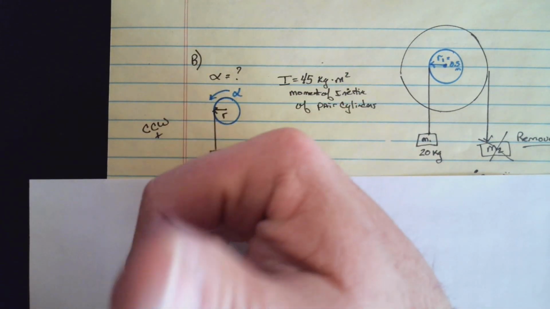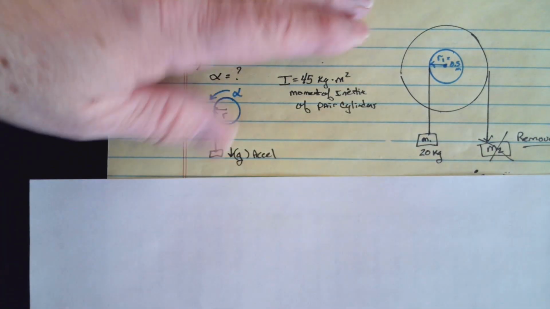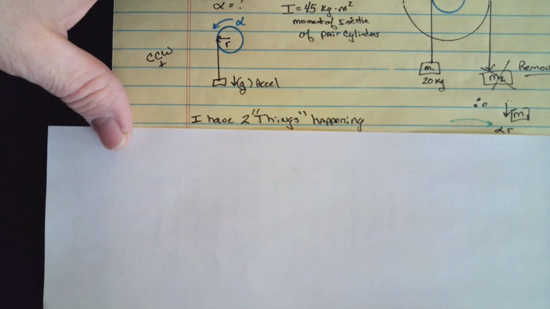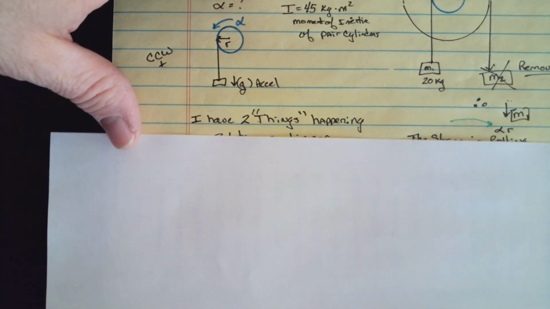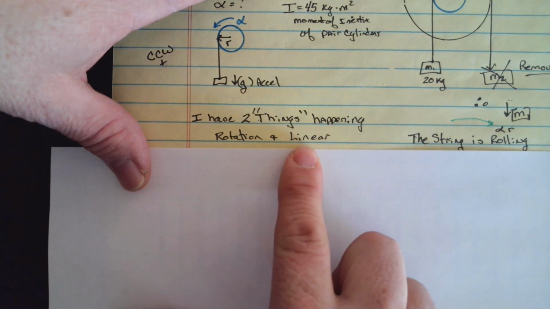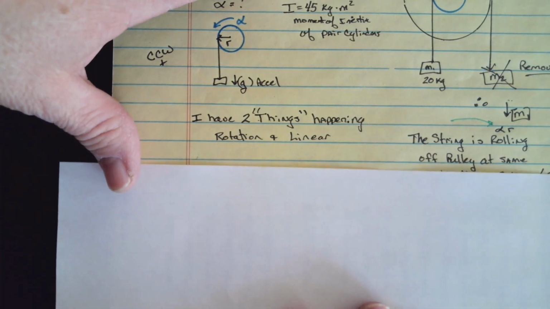It is also happening counterclockwise, which is positive because my thumb is up. So I have two things happening, and this is key: we have both linear and rotational motion.